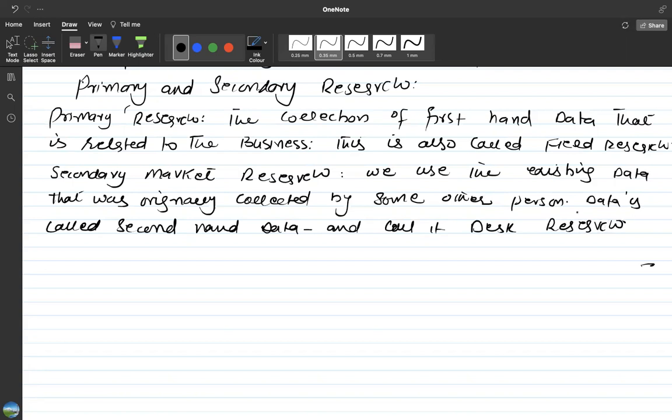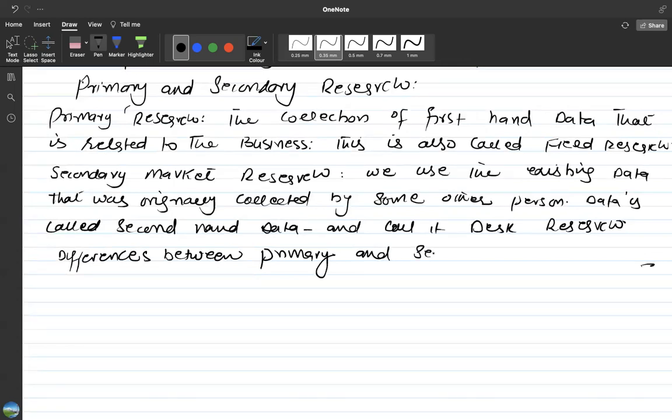Now let's talk about the differences between primary and secondary research. Primary research is first-hand research, as I told you, by the organization for its own needs.